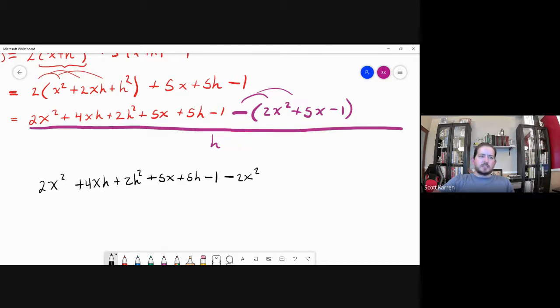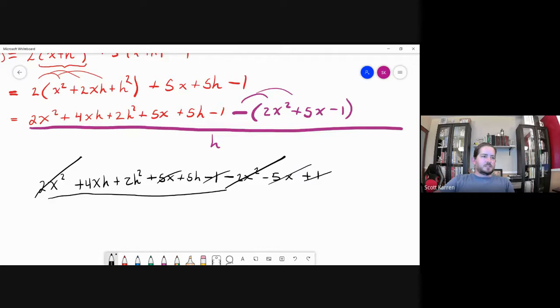And you'll start to see some good things happening here. Minus 5x plus 1. Those good things are that a negative 2x squared and a positive 2x squared are going to cancel. A negative 5x and a positive 5x cancel. A 1 and a negative 1 cancel. And stuff just starts flaking off of this thing.